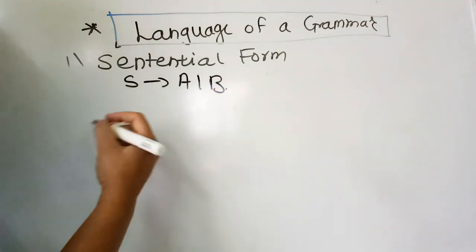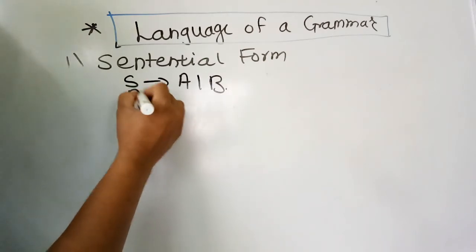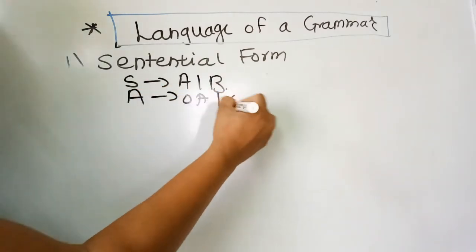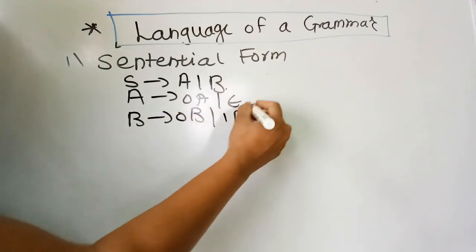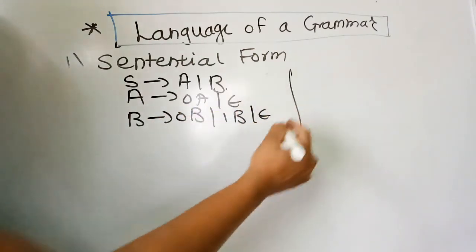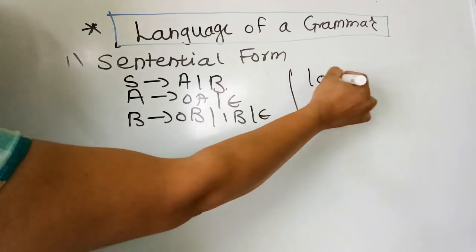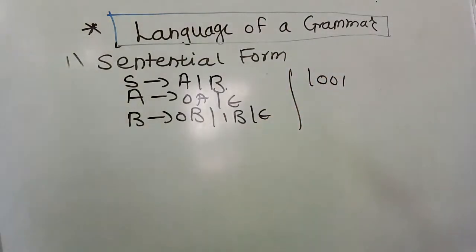I will take the same grammar again, that is A gives 0A or epsilon, B gives 0B or 1B or epsilon, and now we have the string for derivation, that is 1001.